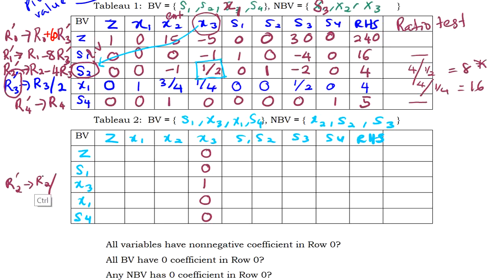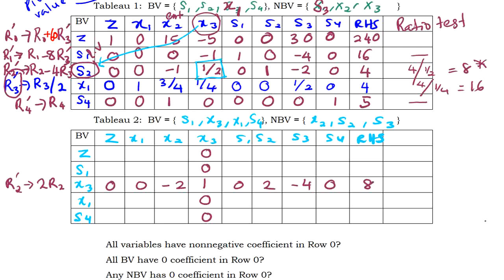Therefore, row 2 times 2 to row 2. Okay. So we multiply this row with 2. So 0, 0, negative 2, 1, 0, 2, negative 4, 0, and 8.